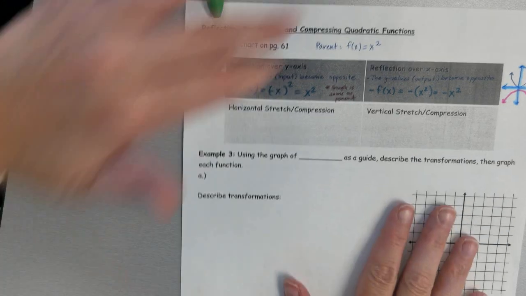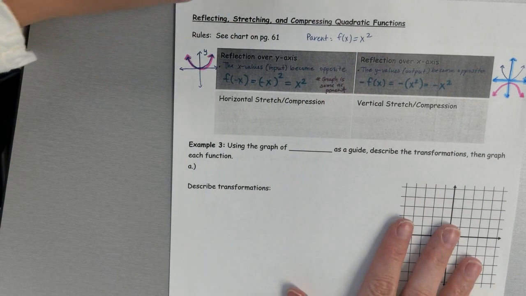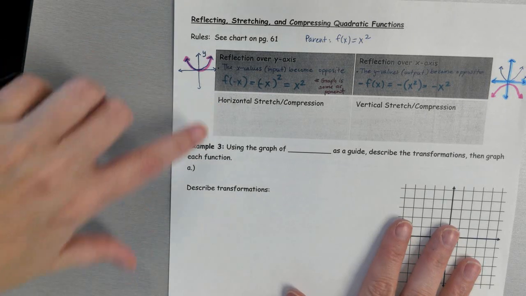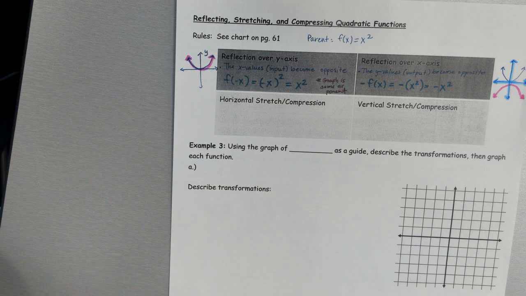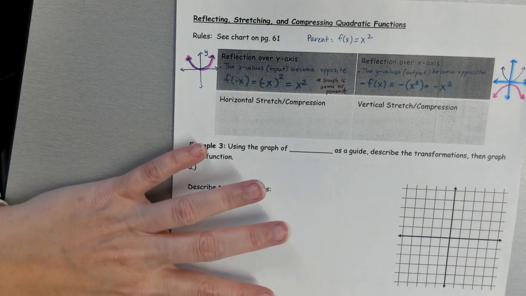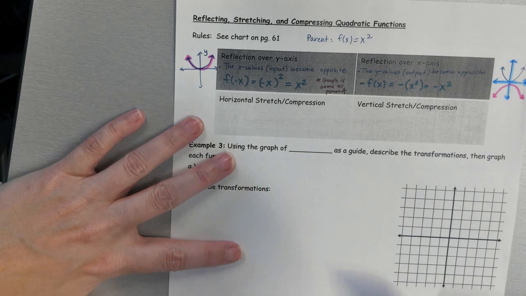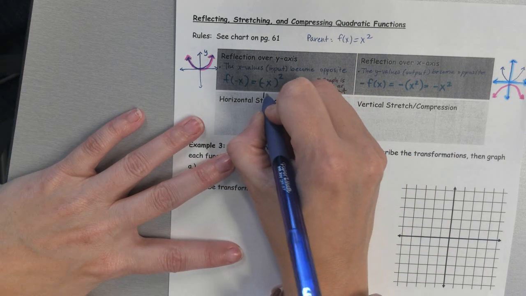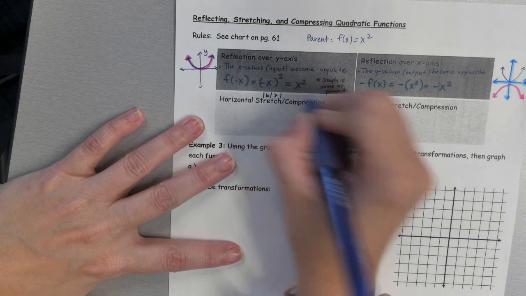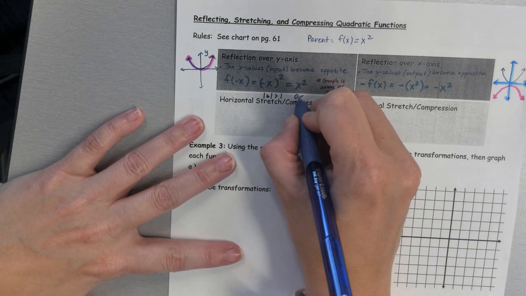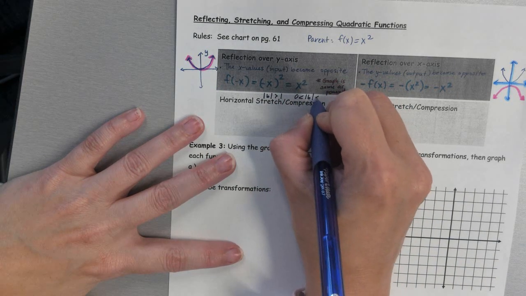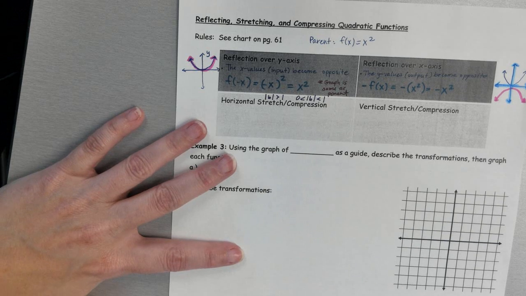Okay, now we're going to look at the horizontal stretch and compression. Remember that the rule stays the same for both the stretch and compression. The only difference is what the value is. So if it's horizontal, it's a stretch if the absolute value of the factor b is greater than 1. It's a compression if the absolute value of b is between 0 and 1.